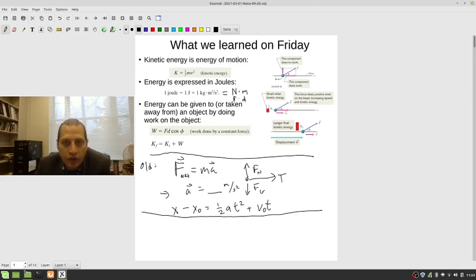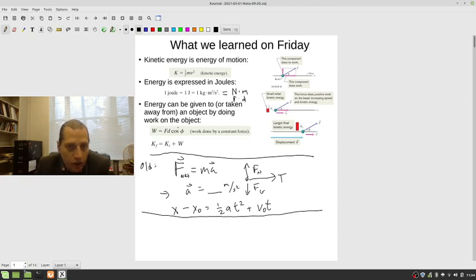Our new way of talking about it is this bead is going along. It has some initial kinetic energy, 1/2 mv squared. Then we pull on it for a while, and what that force times the distance does is that it adds energy.